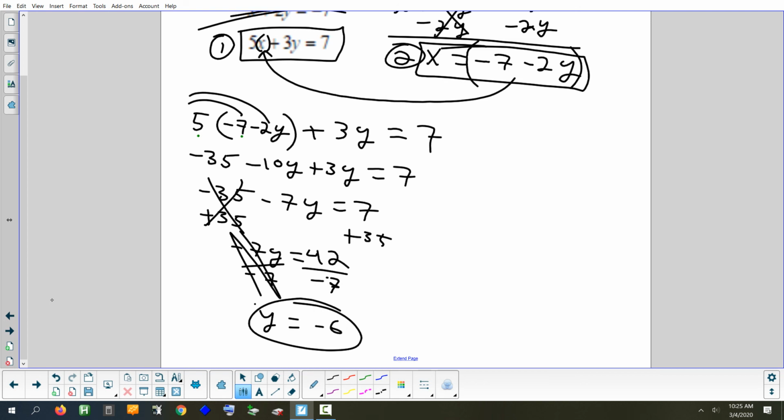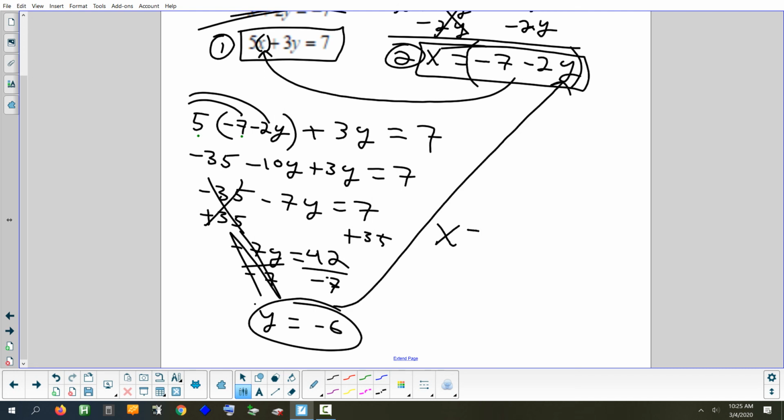Okay, so Princess says we should plug it into the first one. You could. I would plug it into the second one. Anybody know why I would pick the second one? The x is already by itself. If you plug it into the first one, you're going to have to get x by itself, which you can do. That's fine. But I think it's going to be faster to just plug it in right there.